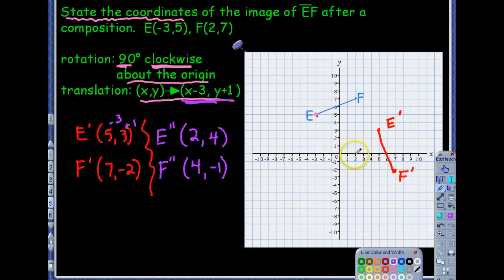And if you wanted to sketch it to get a visual, there's your E double prime, F double prime. And if you didn't do it by subtracting and adding here, you could have gone left 3, so 1, 2, 3, and up 1. Same deal. Yep. And notice all 3 of the segments that are in this picture should be congruent. Right. Because a composition is an isometry.